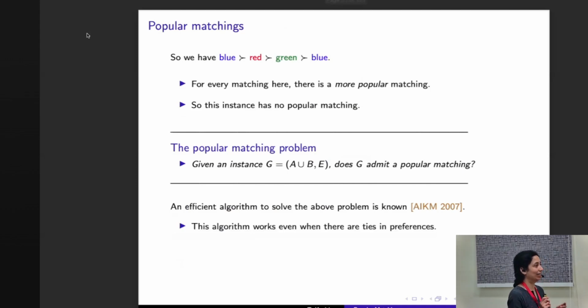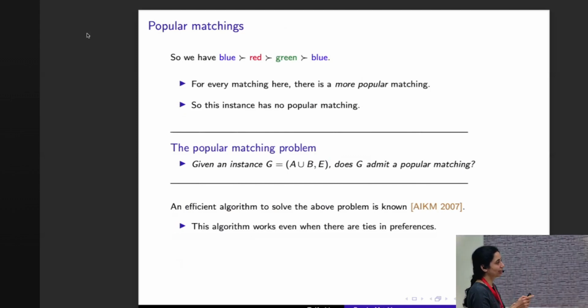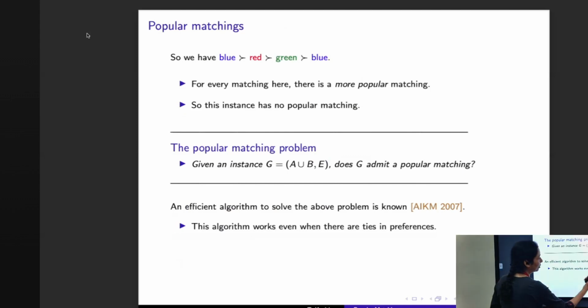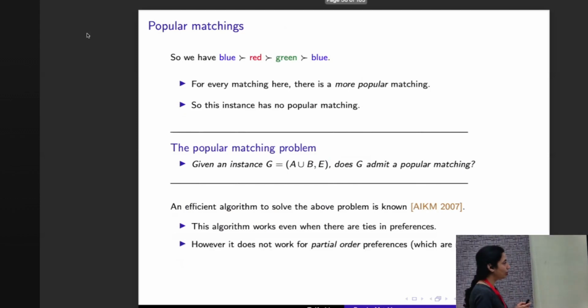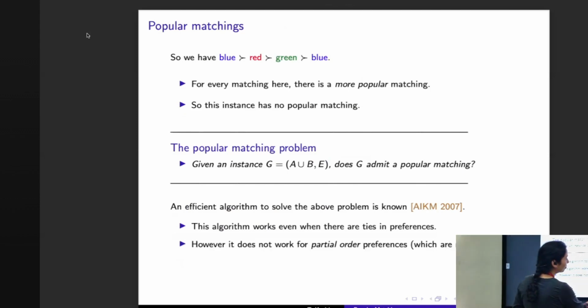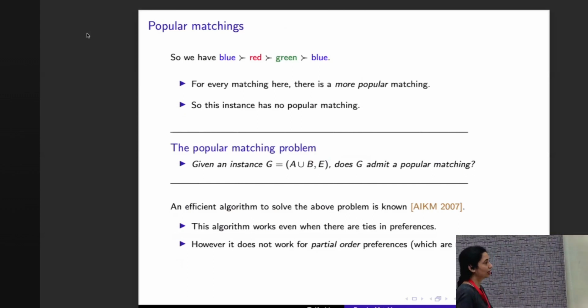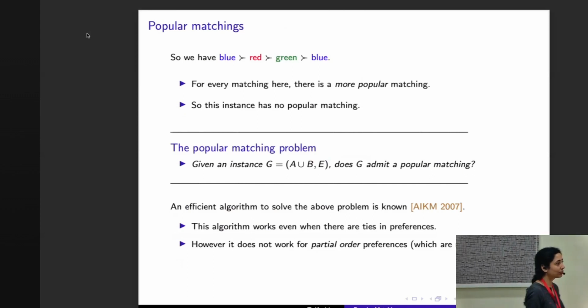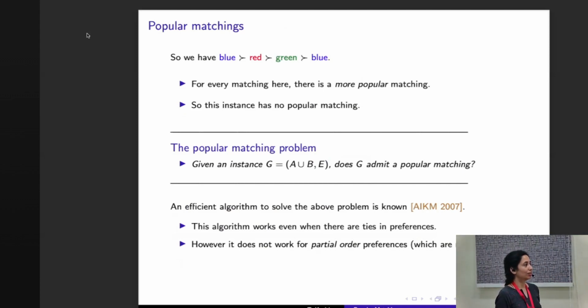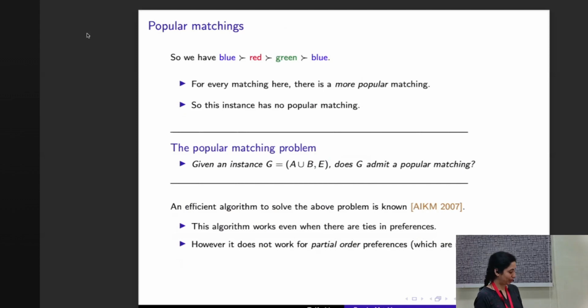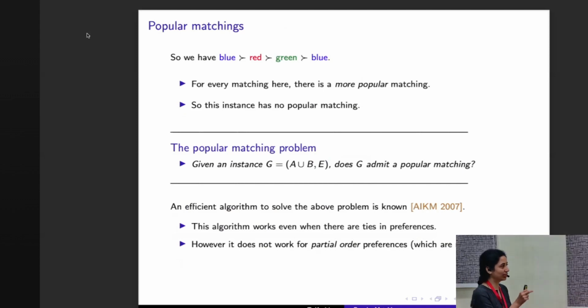However, there are a couple of issues here. This algorithm is quite good. It works even when there are ties in preferences. However, it does not generalize to something more general called partial order preferences. Partial order preferences are where the indifference relation need not be transitive. Maybe I don't have time to go through all that now, so just take it from me.